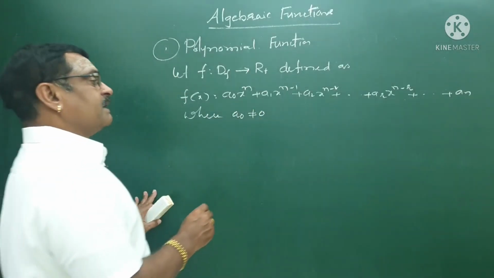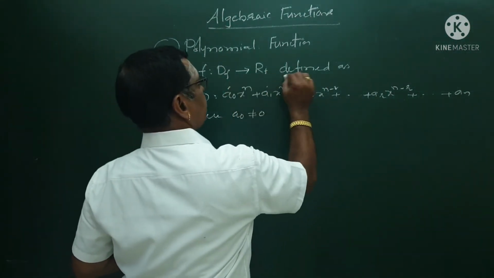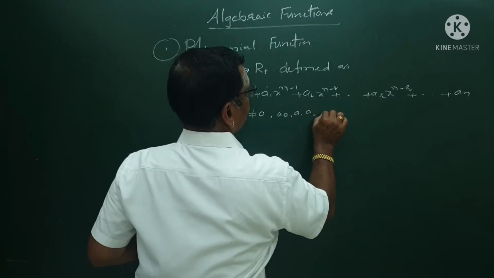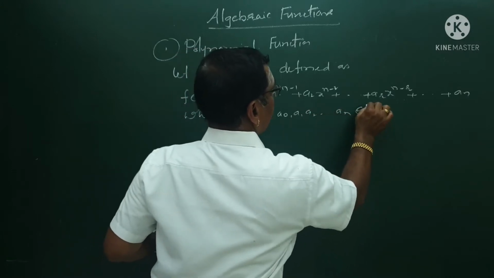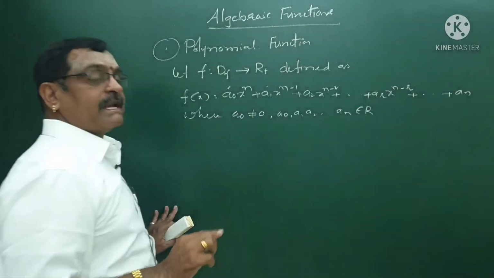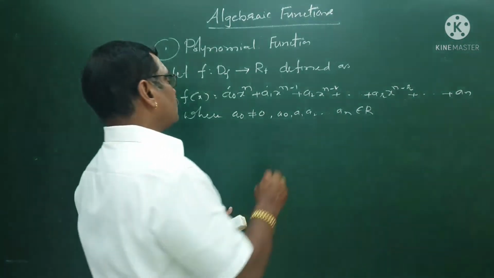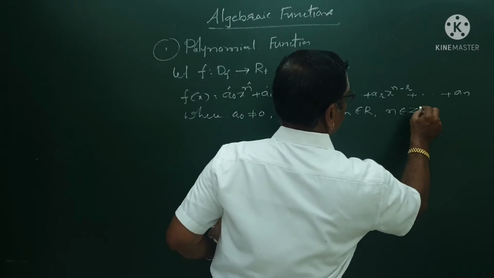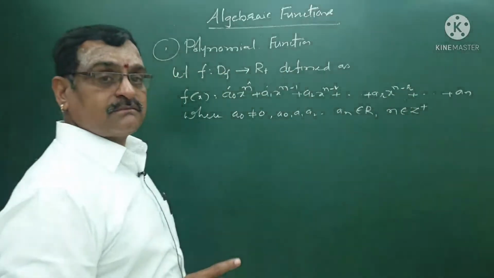The next one, all these coefficients a naught, a1, a2 and so on, an, all are real numbers. They cannot be complex. And moreover, this n must be a positive integer.